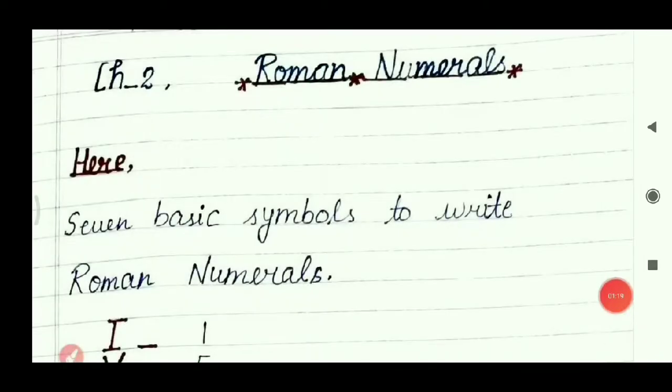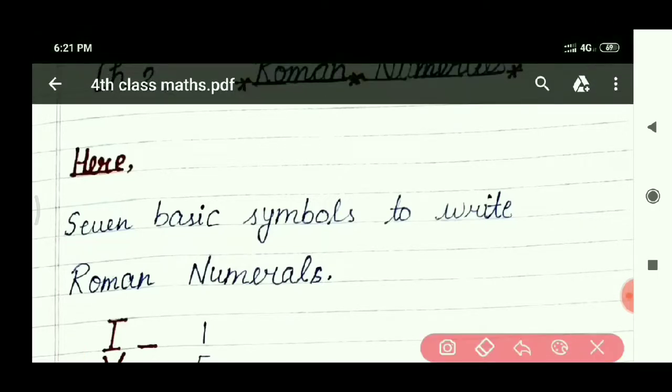Here, see, there are 7 basic symbols to write Roman numerals. As you can see here, these symbols and their Hindu-Arabic values are as follows.